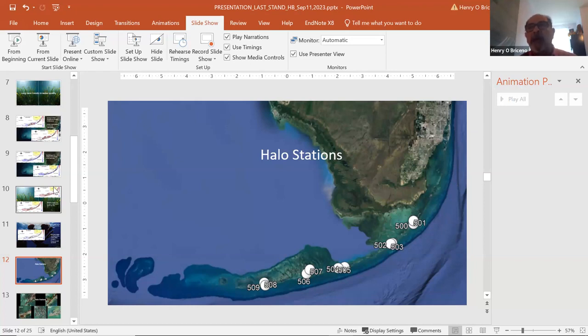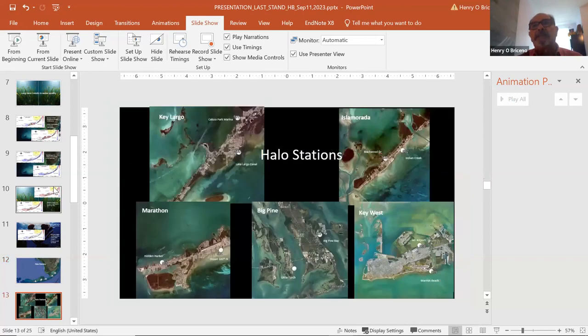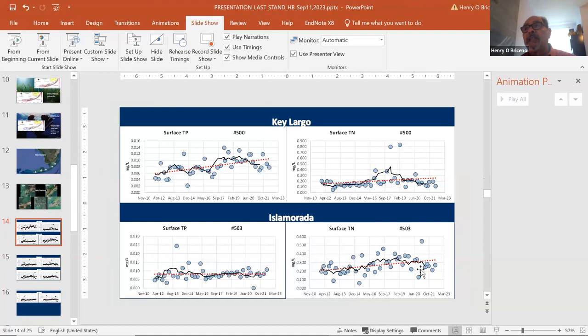So that's why in 2011, we decided to install 10 new stations, at least what we could with the budget, to measure some impact from the Keys themselves. So we have, along Islamorada, Key Largo, Marathon, Big Pine, and Key West, some stations that we monitor also quarterly.